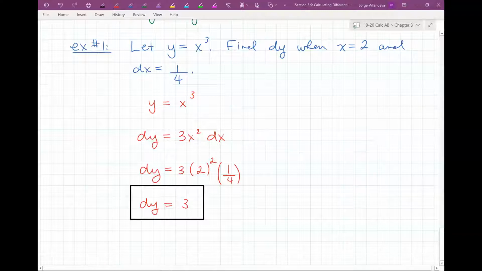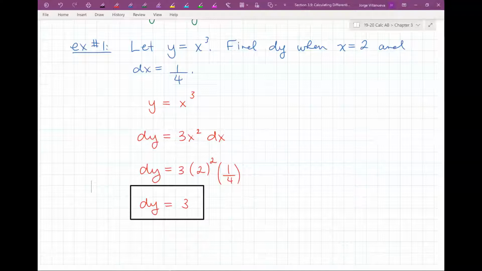So my differential for y is 3. Questions on this one? Pretty straightforward, right? Just take your derivative that you're supposed to have practiced a couple times by now, and plug in the numbers.